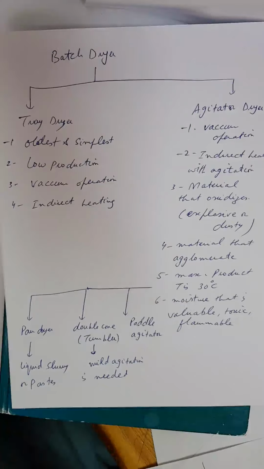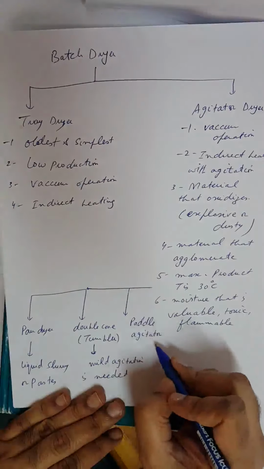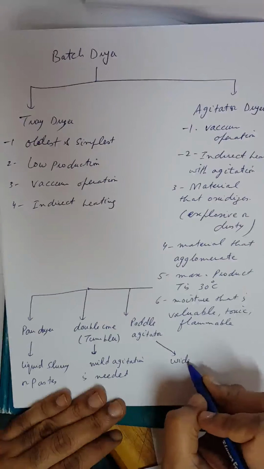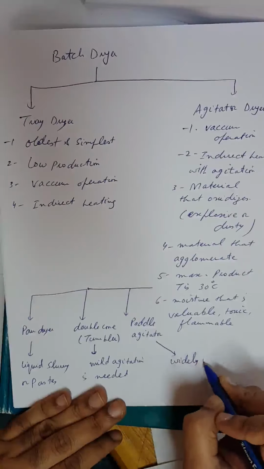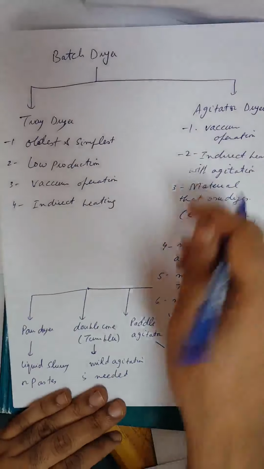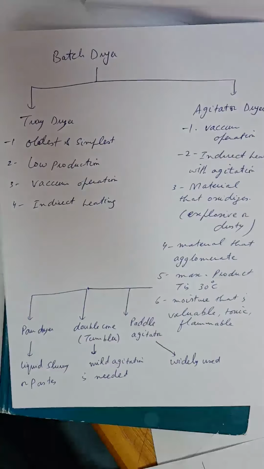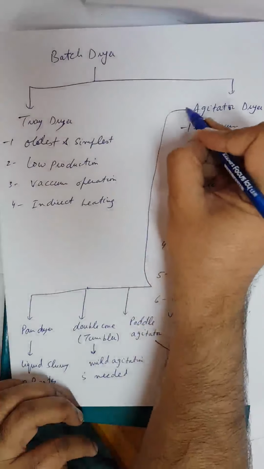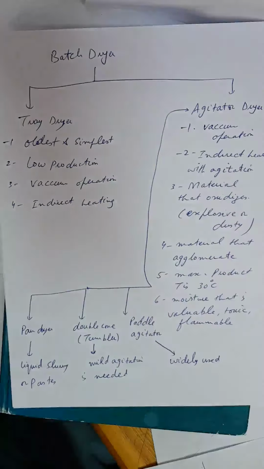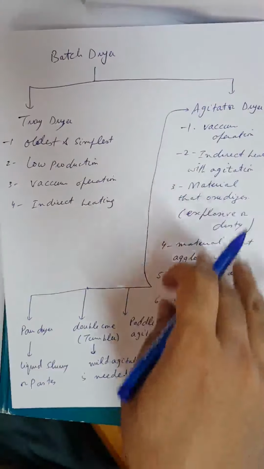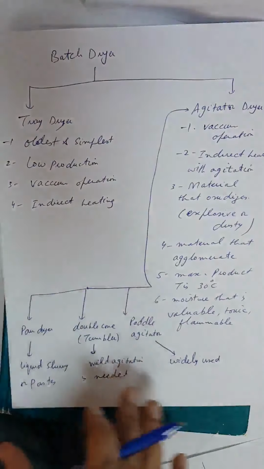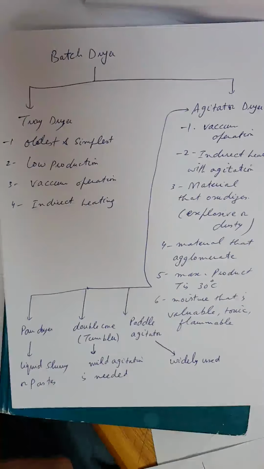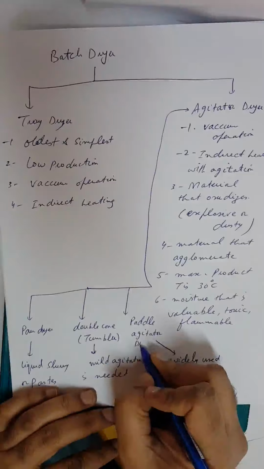And the last one, paddle agitator dryers, is widely used. I already told you they have different applications. So these are the properties, and where they use the agitator dryers, and they are categorized into three: pan dryer, double cone dryer, and paddle agitator dryer.